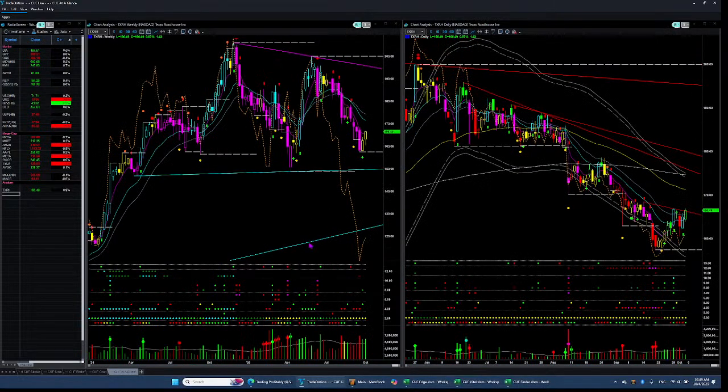One is Texas Roadhouse. This is TXRH, Texas Roadhouse. If you look at daily, it is steadily coming down over a longer period, but near the right edge of the chart, it has broken above a trendline resistance.